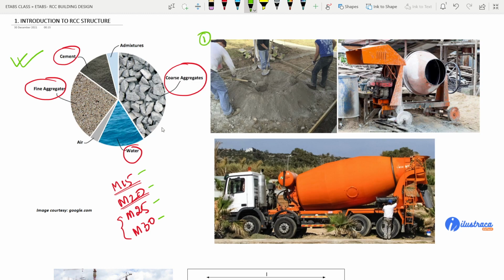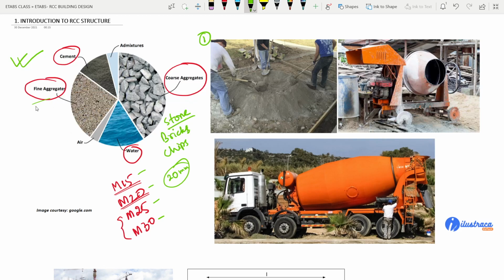People are mixing the cement and the coarse aggregates. Now these coarse aggregates can be stone or brick chips, right? In layman language we used to call them brick chips, like of 20 mm size. So it can be stone or brick, the coarse aggregate.